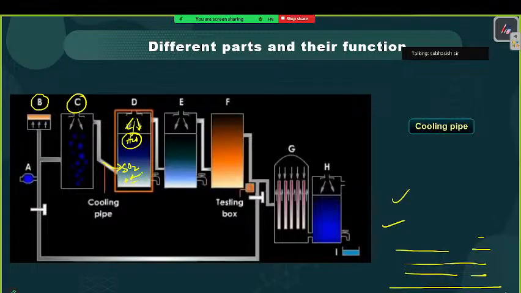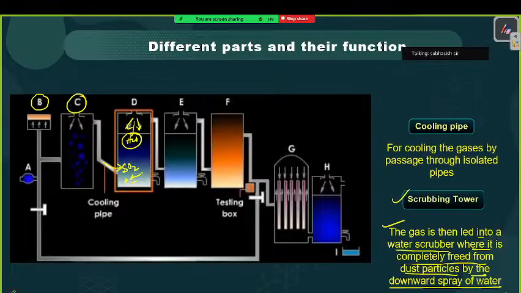After that, the cooling pipe, through which the gas is cooled, and after that, the scrubbing tower, which also removes the dust particles by the downward spray of water.